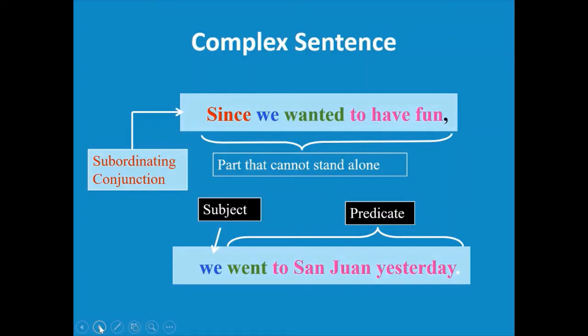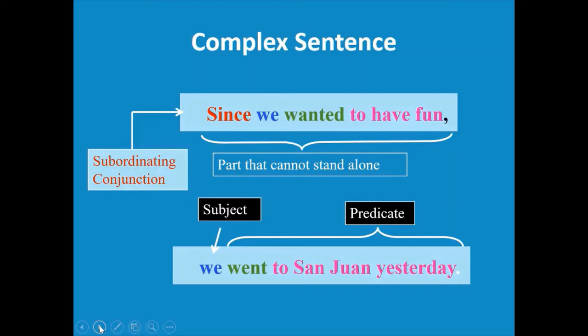So here, the first part is the part that cannot stand alone. Since we wanted to have fun, this is the dependent clause. And then the last part, we went to San Juan yesterday, is the independent clause.